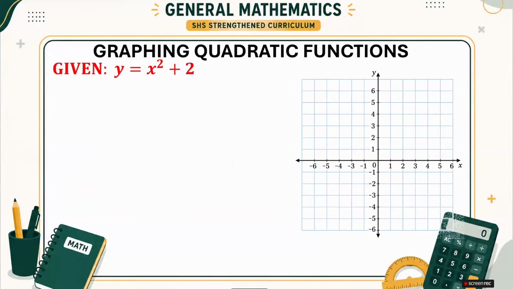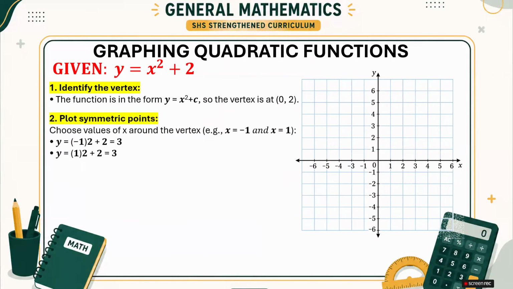So how do we graph? Suppose we have y is equal to x squared plus 2. So first you identify the vertex. So the vertex is at 0, 2. So the points are also symmetric.